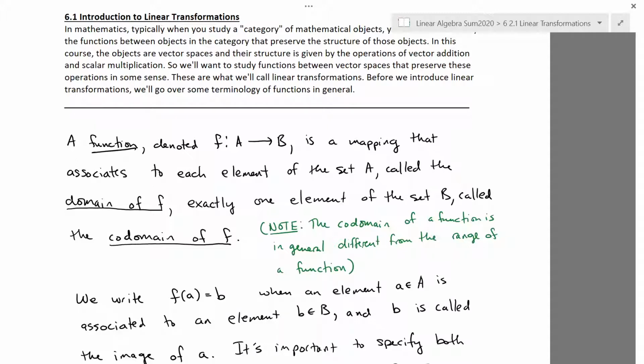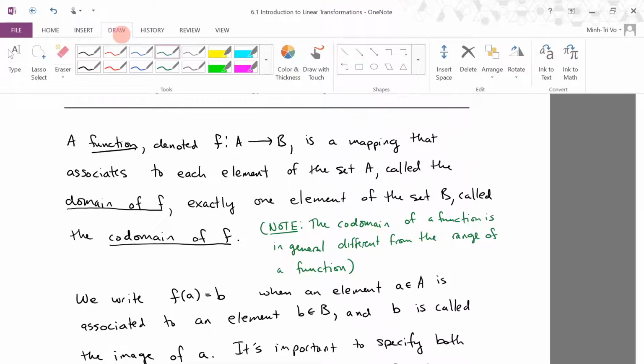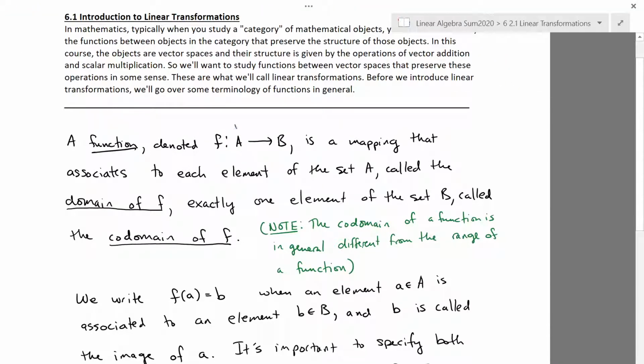So first of all, there are three parts to a function, right? So there's going to be a set A called the domain, a set B called the codomain, and the function itself.